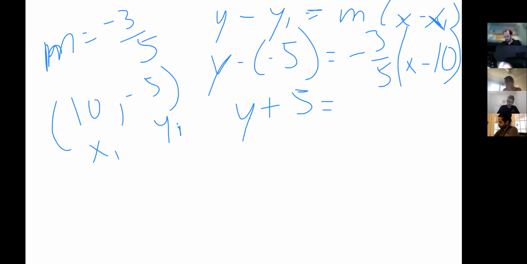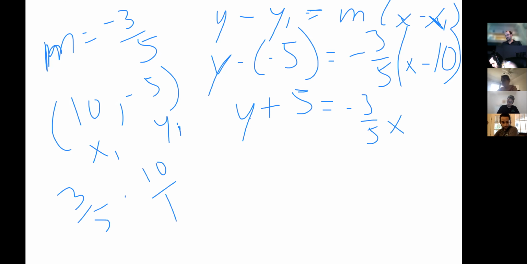And then on the other side, it's -3/5 x plus 6 because you distribute. And if you gotta do a little side work, maybe like 3/5 times 10? They're both negative, so this is overall going to become positive. And you do like 2 and 1. And what do you say, plus 6? Yeah, it comes out to +6.